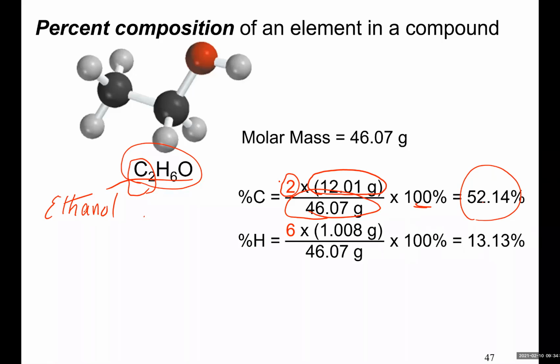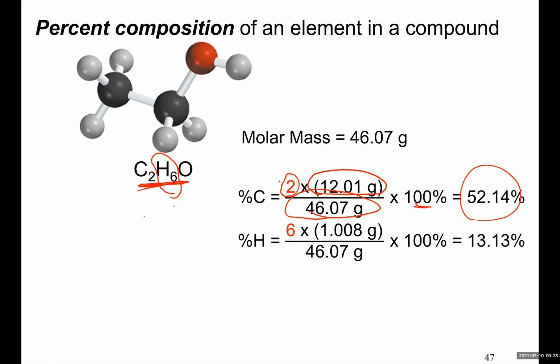And then if I ask you, what is the percent of hydrogen in this structure? You take the mass of all hydrogen, 6 moles of hydrogen in 1 mole of ethanol. Every mole of hydrogen is 1.008 grams, coming from the periodic table.